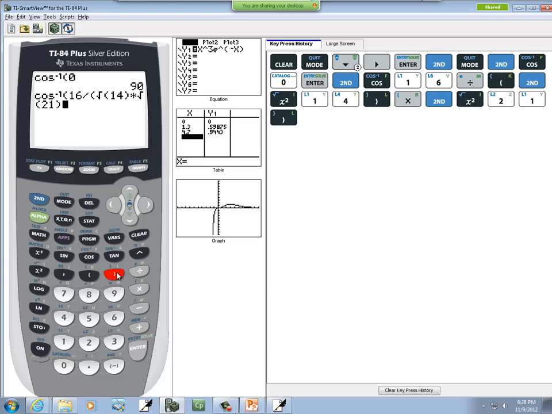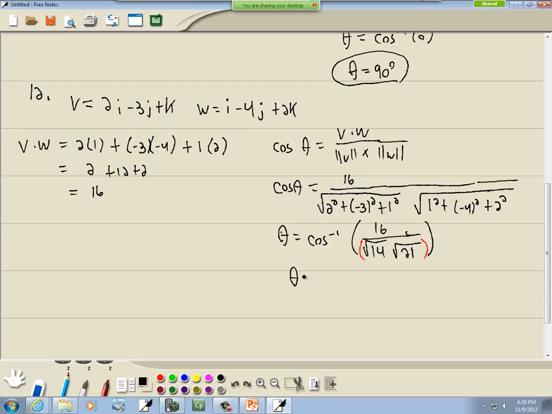And closing parentheses on the square root of 21, on the denominator, and on the inverse cosine. You don't actually need to put any of those in. The TI-83, TI-84 is very forgiving about closing parentheses at the very end. And then enter. And we get 21.1 degrees.